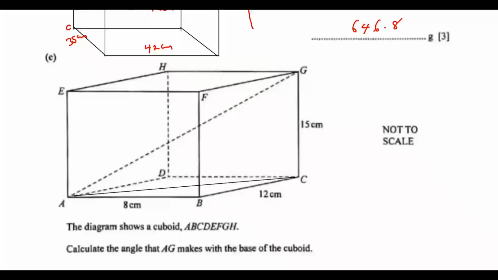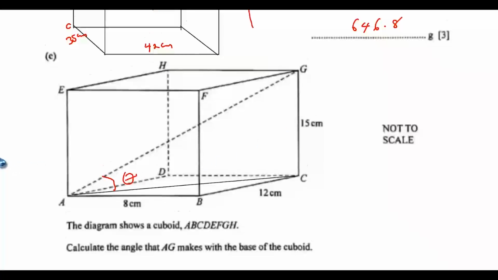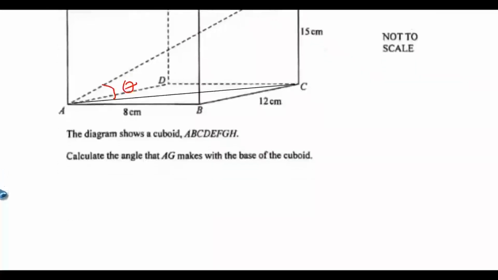The required angle is this angle, which is theta. So we need to find AC. Once we know AC, then we can use tangent to get this angle. So let's find the length AC.